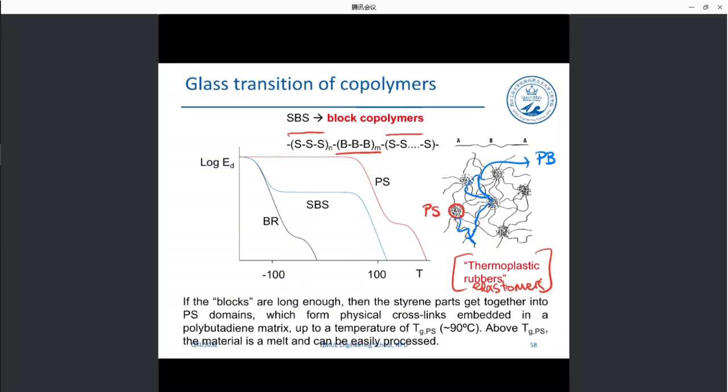And in this case, the cross-linking is physical cross-linking. And you can see that we have again two types of glass transitions, one here and one here. Okay.